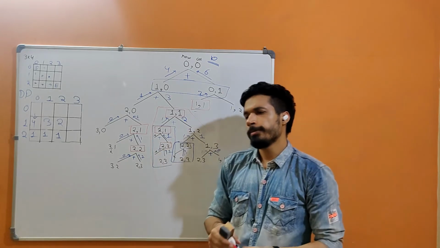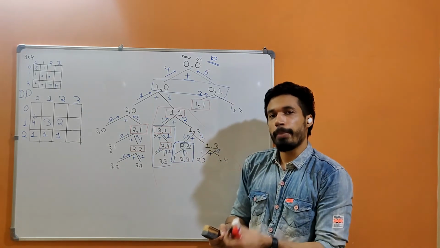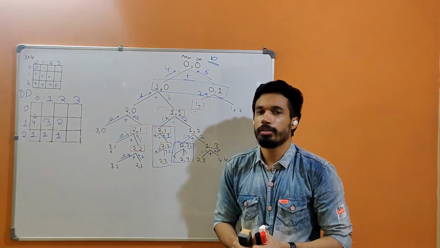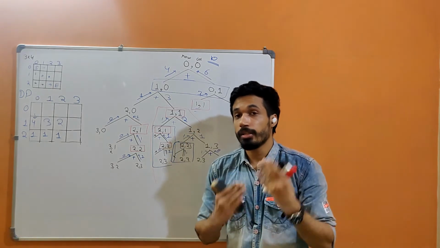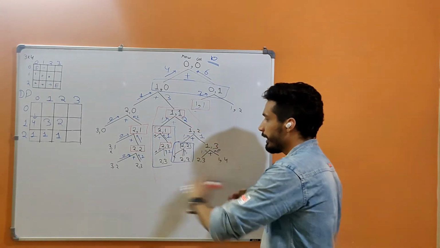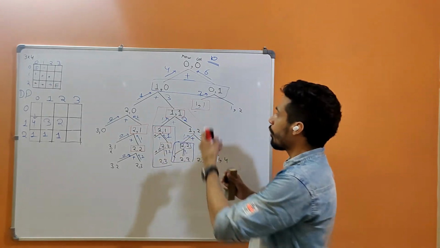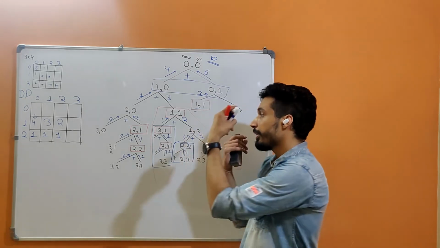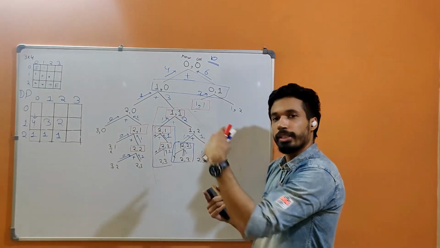Why? Because the bottom-up approach is slightly better than the top-down approach in terms of time. Although the time complexity in terms of big O notation would be the same for both approaches, in the top-down approach we usually come up with a recursive solution, and we are calling the recursion call stack again and again.